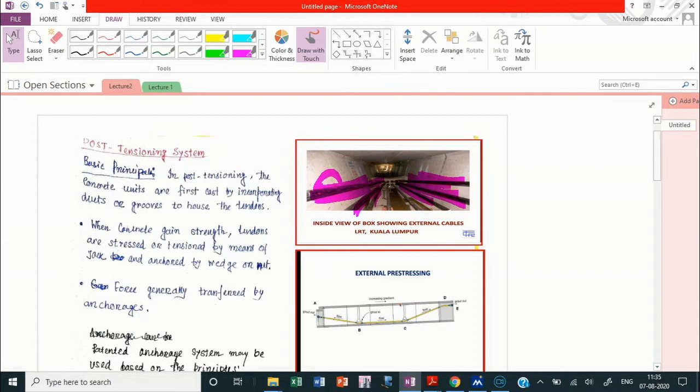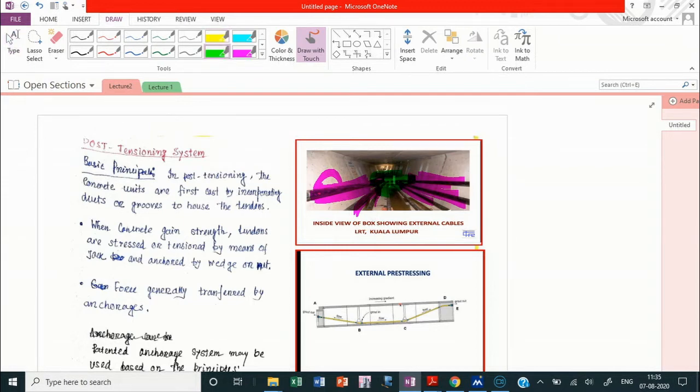This is actually a box girder type of bridge, and these tendons are inside the box, not inside the concrete. So you can say that it is an external type of prestressing system. An external type of prestressing system is used here.